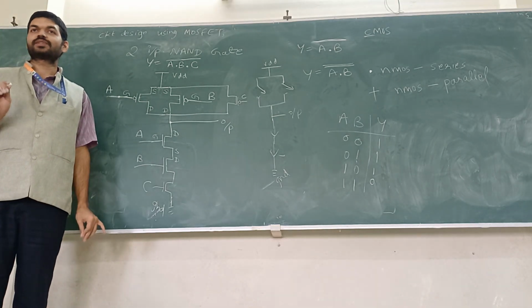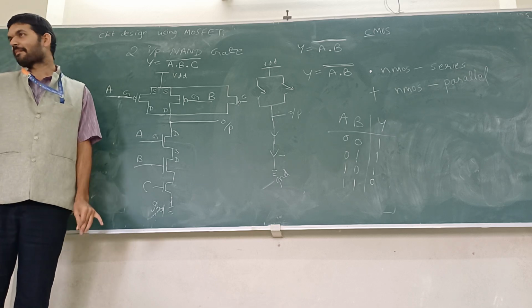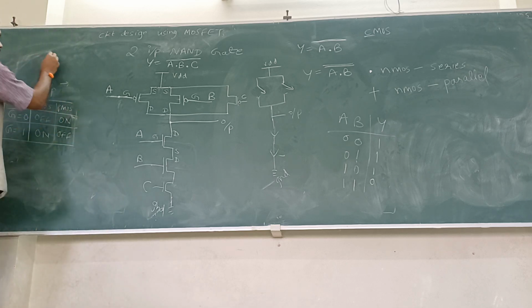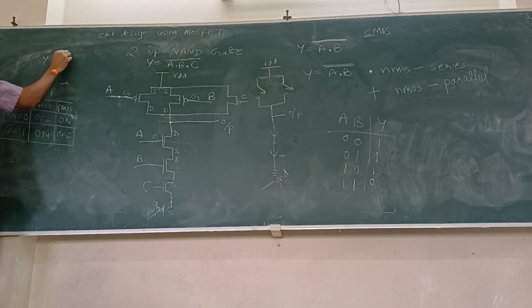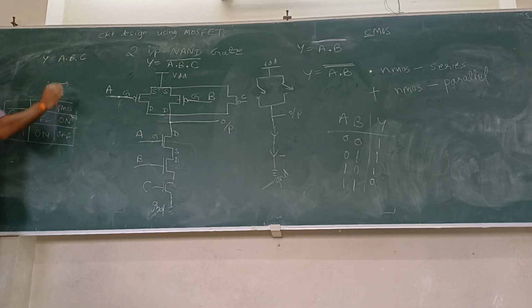Suppose I have the question 3 input AND gate. Y is equal to A dot B dot C. Is the whole bar present or not? Not present. If it is not present, what do I have to do? I have to bring it. How to bring it?